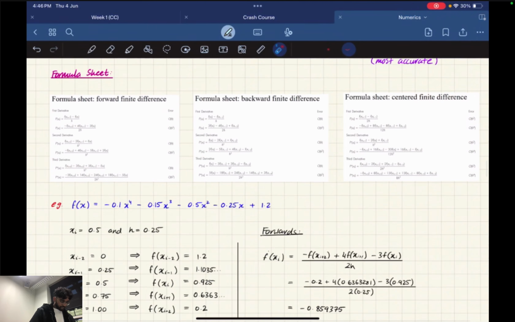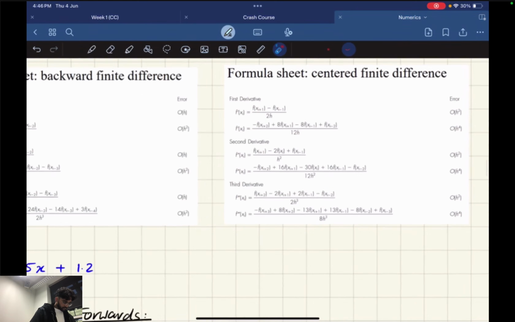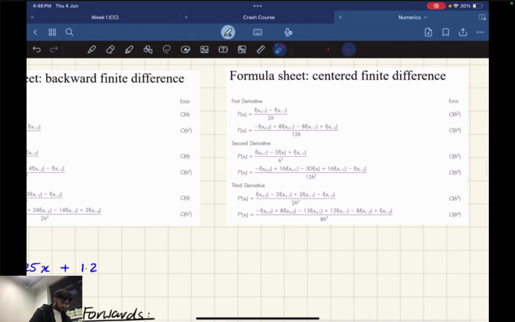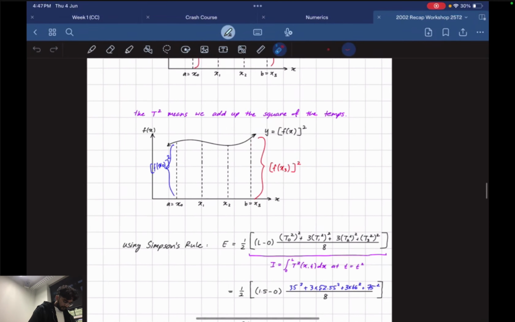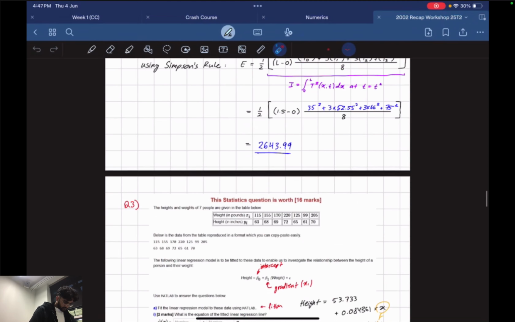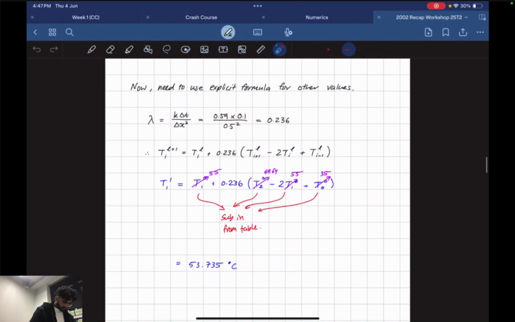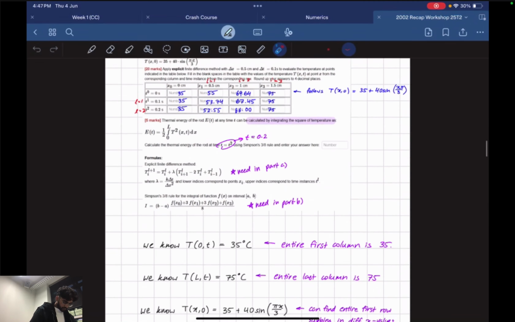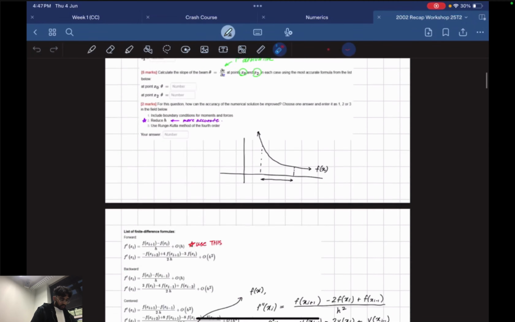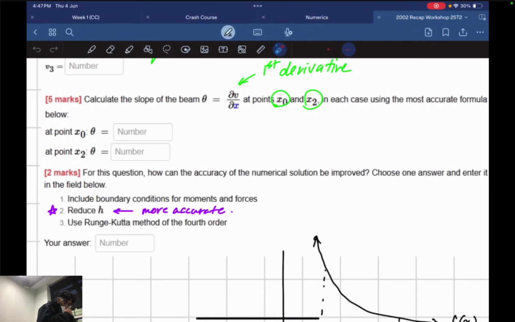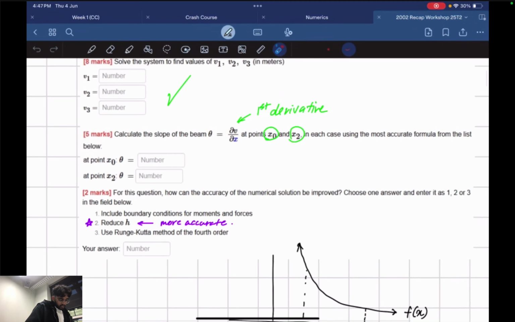It should be here somewhere. I think it's in my recap workshop notes. One sec. Okay, so in this question, let's say last year, they've said for this equation, how can the accuracy of the numerical solution be improved?